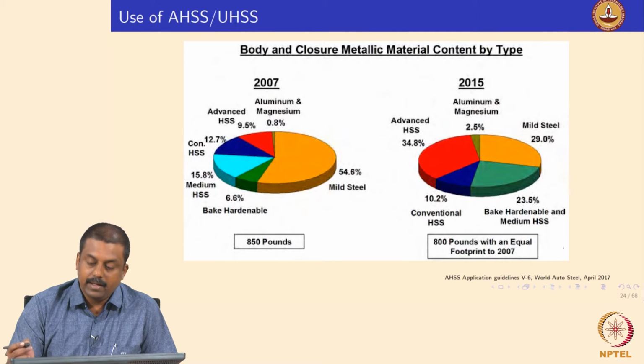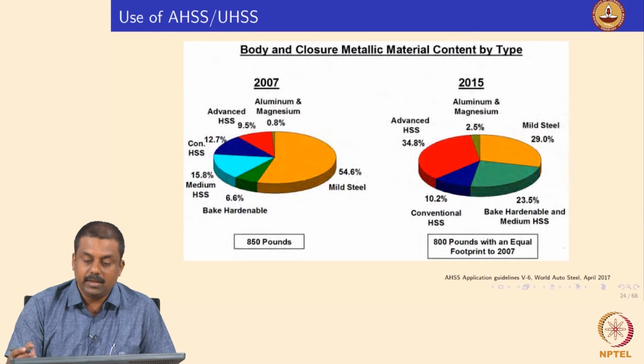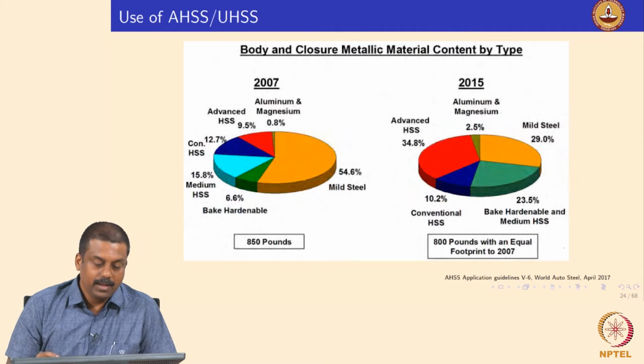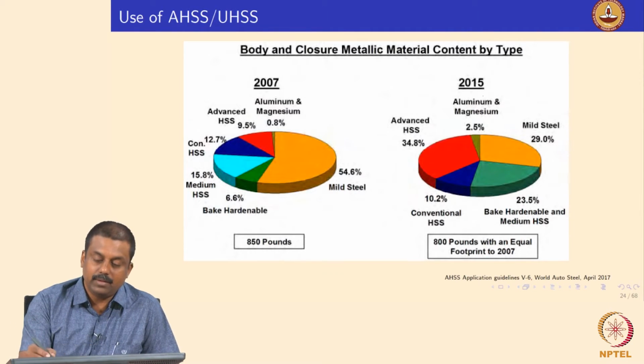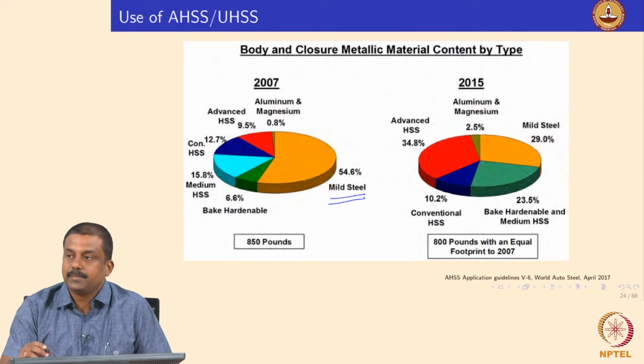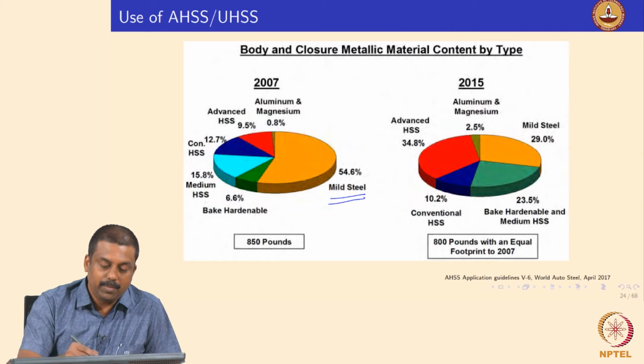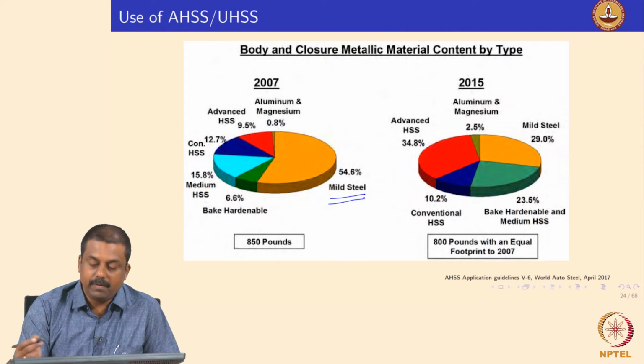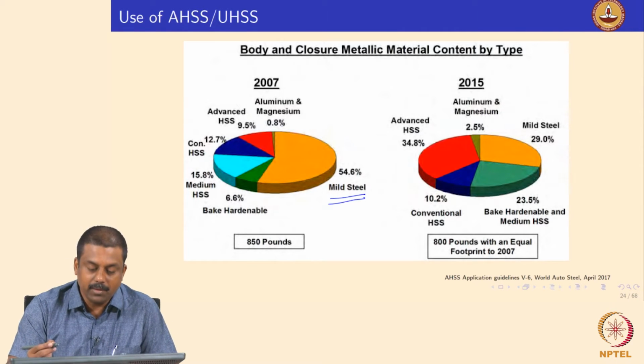And this slide actually shows again the comparison between the various materials used in auto bodies. So comparing 2007 and 2015, as I explained, the ferritic pearlitic steels, the mild steels, occupied the majority of auto bodies, about 55%, as I showed.